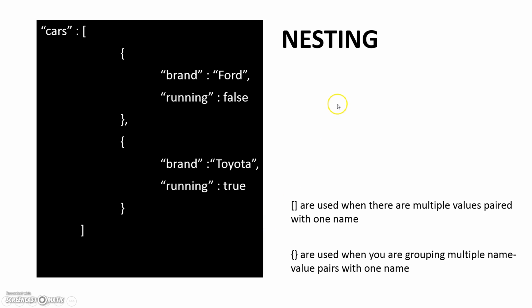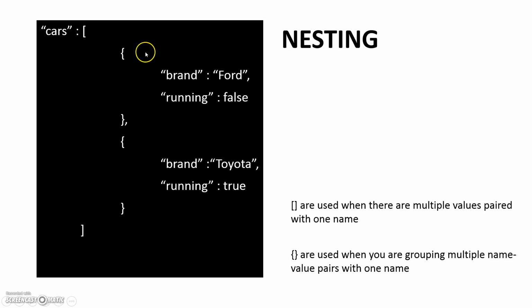Now we're going to mix it up a little bit. This is called nesting, when we have different groupings inside each other. We have a field, the name is cars, and then we see these square brackets, so we know we're going to have multiple values. But within these multiple values, we want each one to have multiple name-value pairs, so we group the values in curly braces.